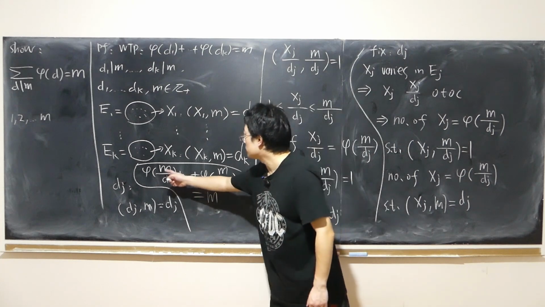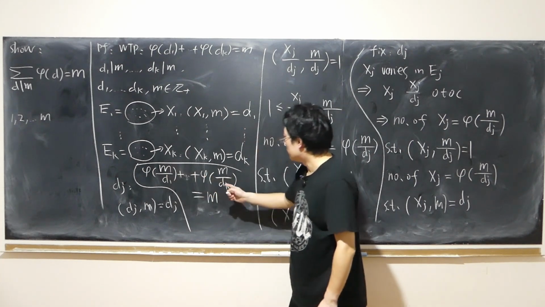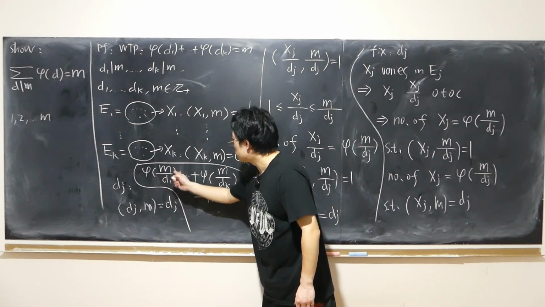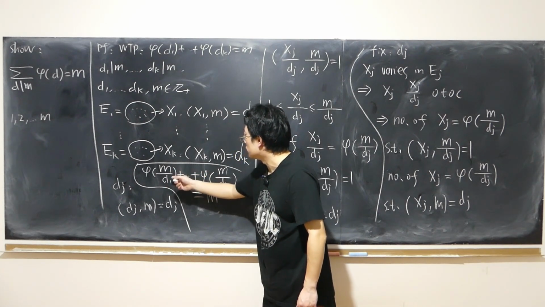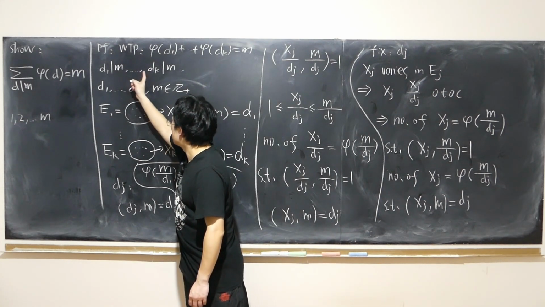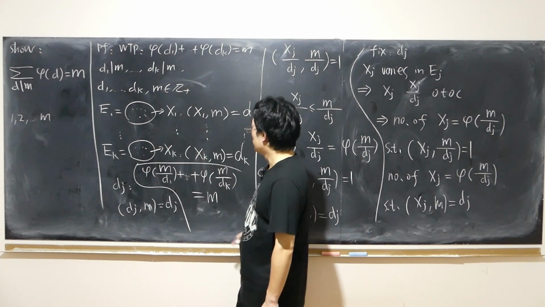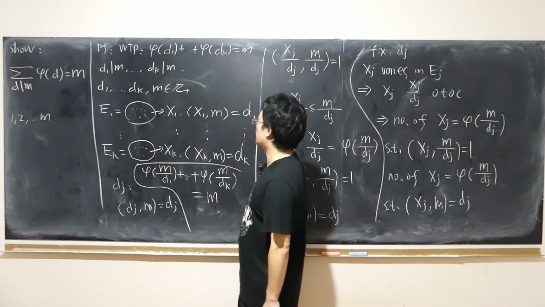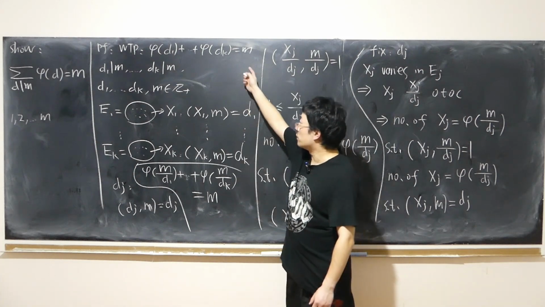So this is also a positive divisor, and so is this a positive divisor. So each m over dj corresponds to a unique dj here. One-to-one correspondence. So this sum is equal to exactly this sum. And so we've proven it really equals m.